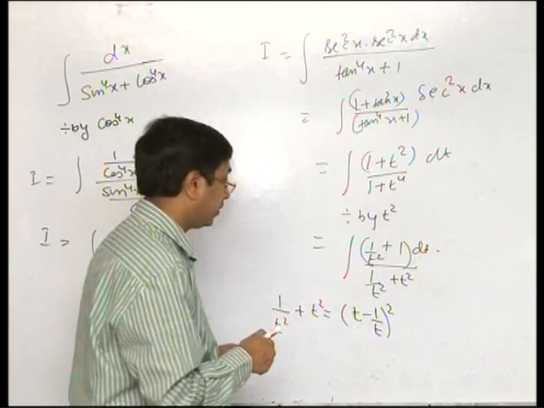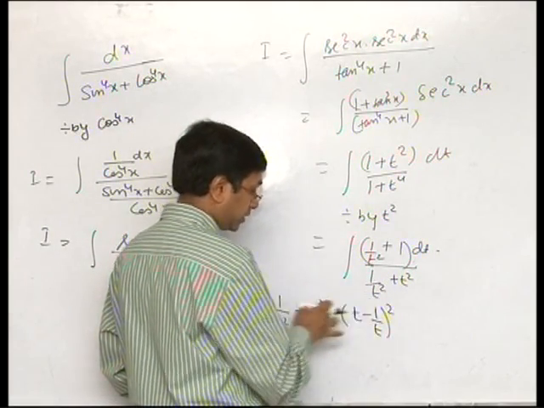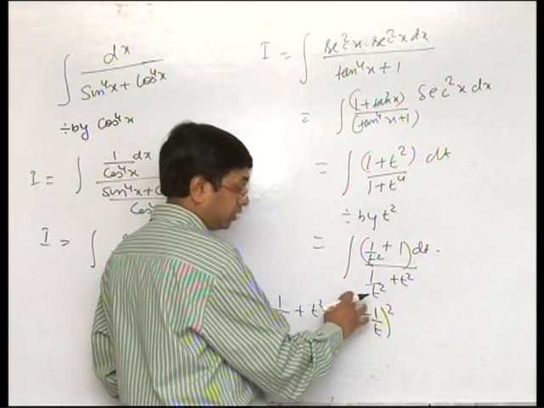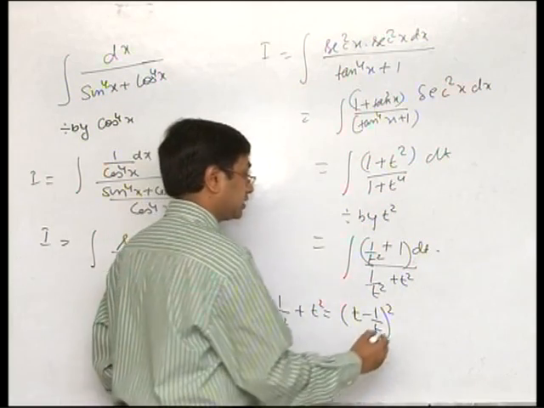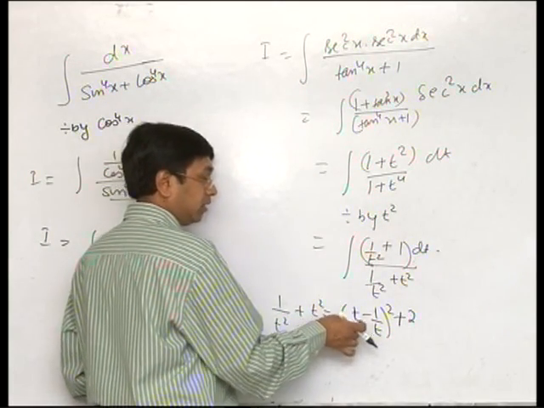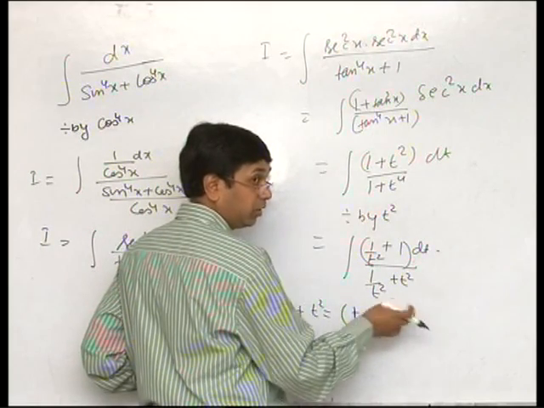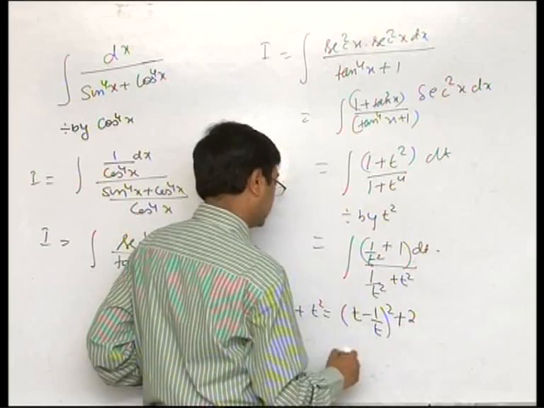So t minus. So what is the extra thing which we are getting? You can see that t square plus 1 by t square, it's okay, but when you expand it, you will get minus 2t into 1 by t. So minus 2t is extra, so plus 2, or otherwise a square plus b square is a minus b whole square plus 2ab, or a plus b square minus 2ab. So 2t into 1 by t, that gets cancelled.